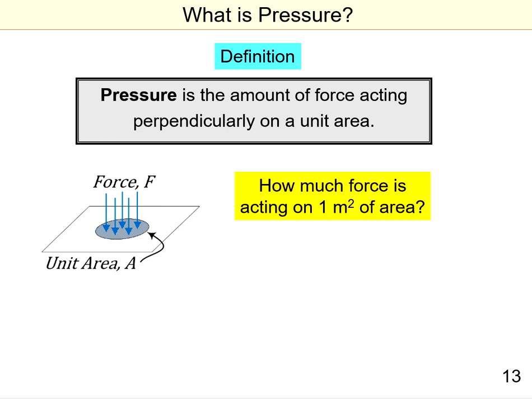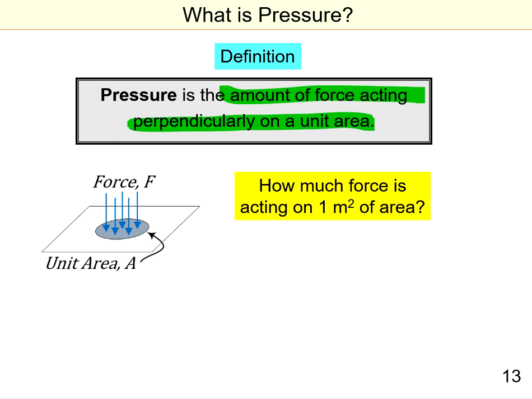So do take a look at these terms that they ask and make sure you know what the definitions are. For pressure, the definition is the amount of force acting perpendicularly on a unit area. So pressure is not force. Pressure is the force acting only on a unit area.